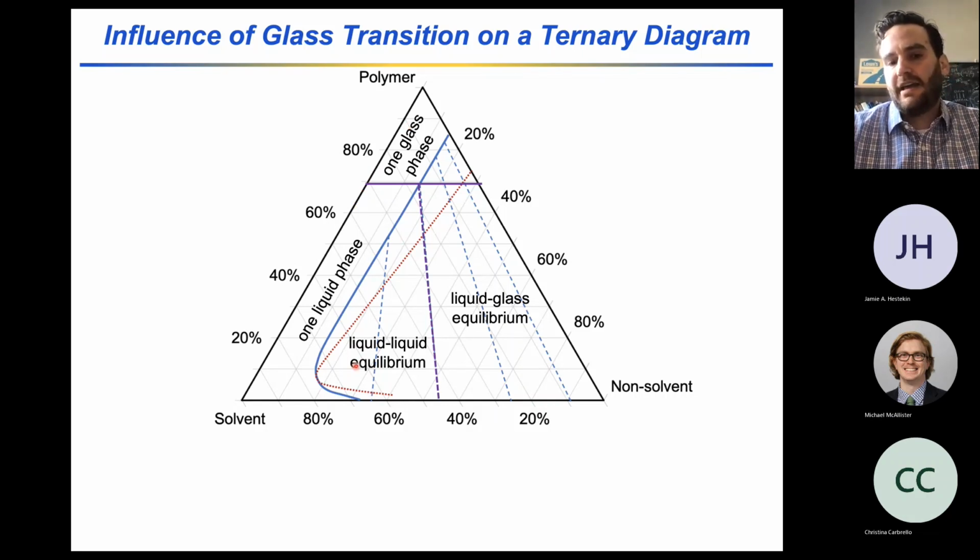And then inside of the miscibility gap, depending upon where we are, the tie line may draw me to a point where the polymer-rich phase remains a liquid and can flow like a rubbery polymer, or it may drive me up into the glassy region where the polymer will vitrify and lock itself into place. And so this interplay between the thermodynamics and dynamics can be captured with this vitrification line, and it's important in terms of the structures that can be formed using this non-solvent-induced phase separation technique.